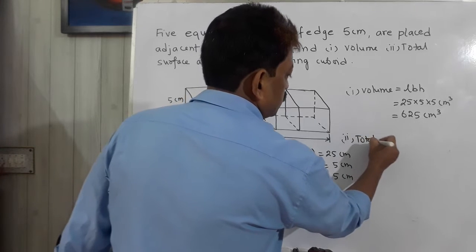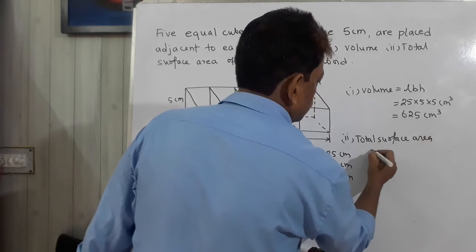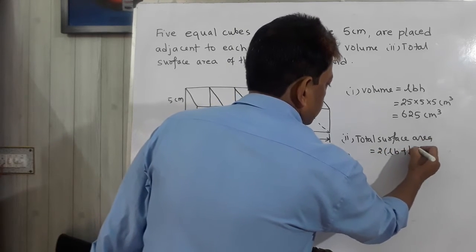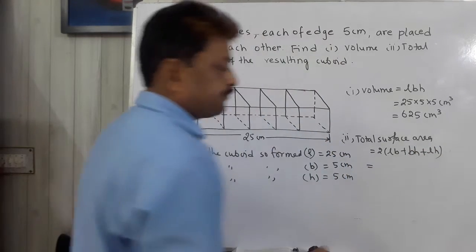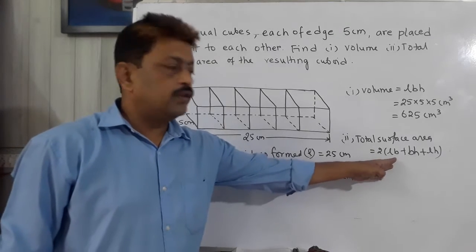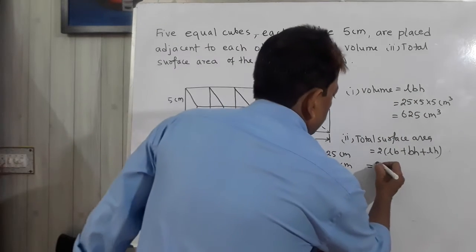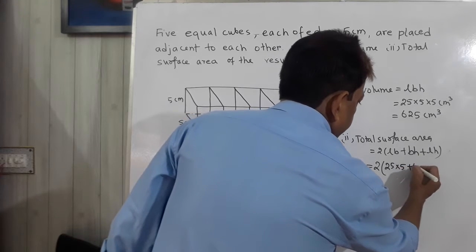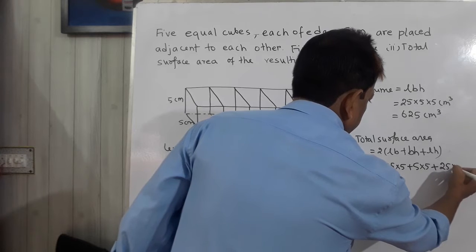Total surface area equals to twice length into breadth plus breadth into height plus height into length, that is 2(LB + BH + LH). So length is 25 into breadth is 5 plus breadth is 5, height is also 5 plus length is 25, height is 5.